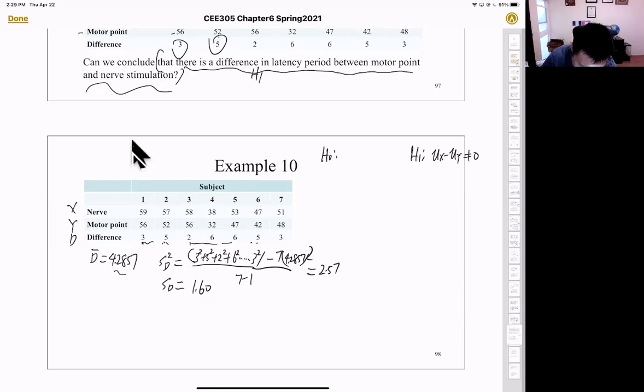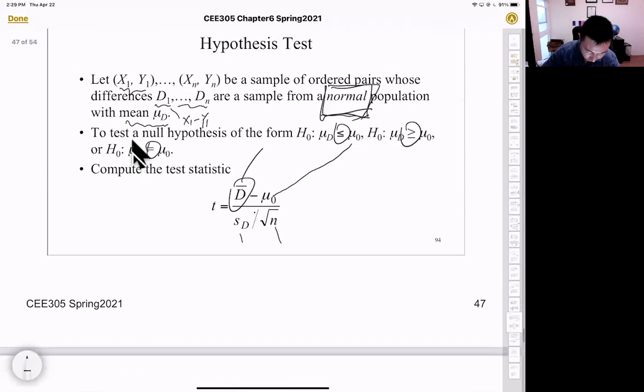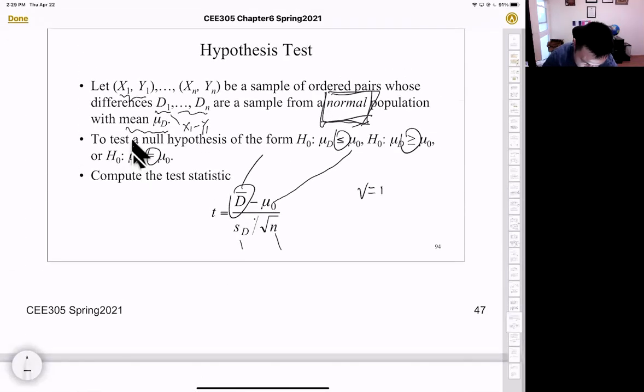So H0 will be the opposite, mu x minus mu y equals 0. The degree of freedom is n minus 1, which is 6, for the student's t distribution.